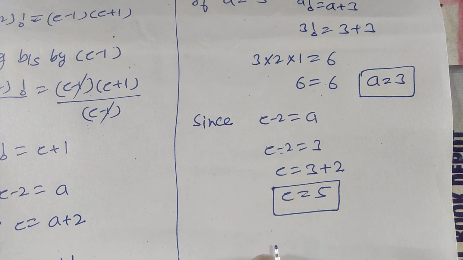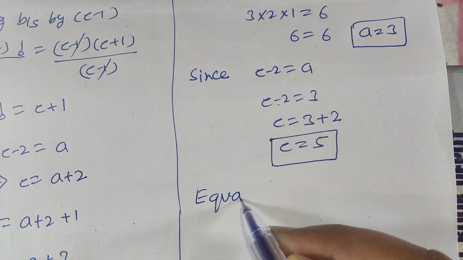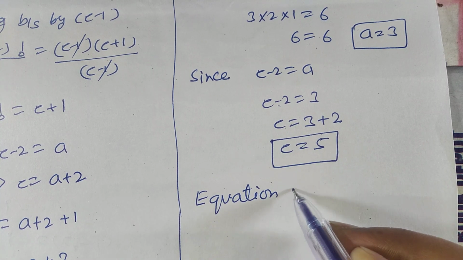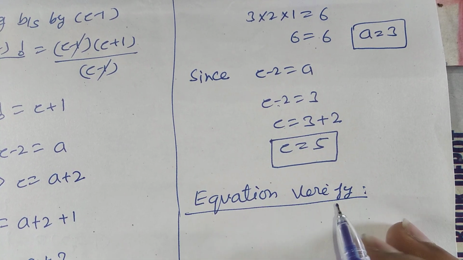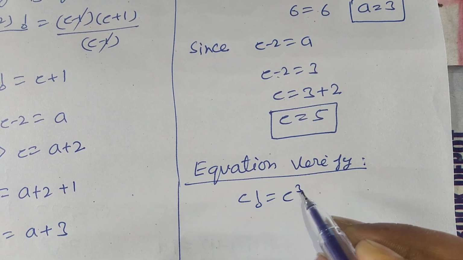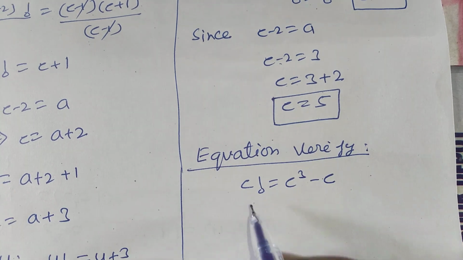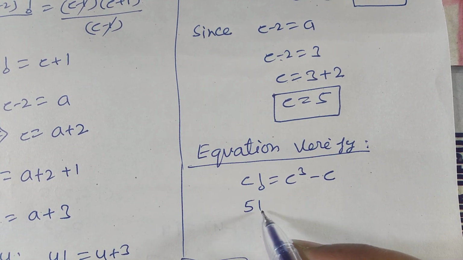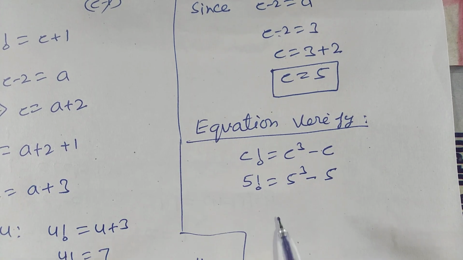Now verify the equation. Factorial c is equal to c cube minus c, where the value of c is equal to 5. Putting here, factorial 5 is equal to 5 cube minus 5.